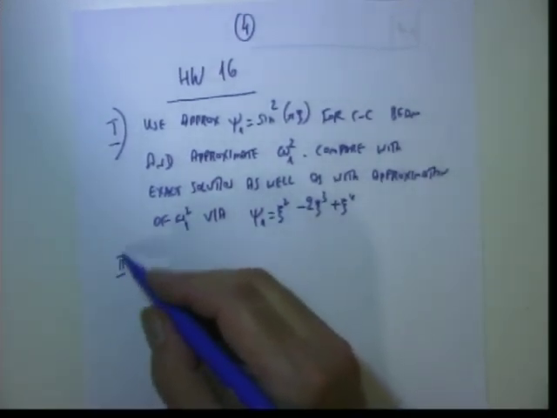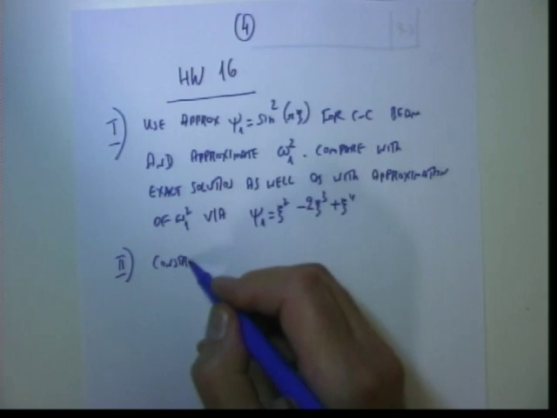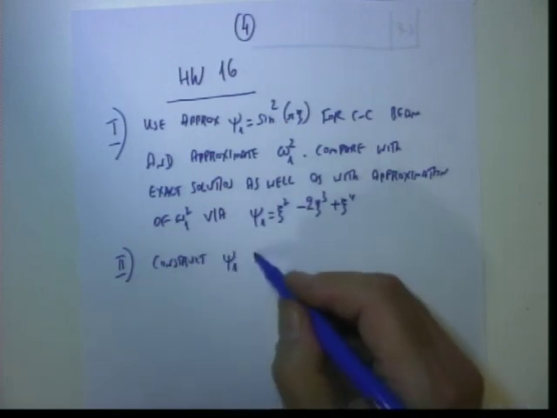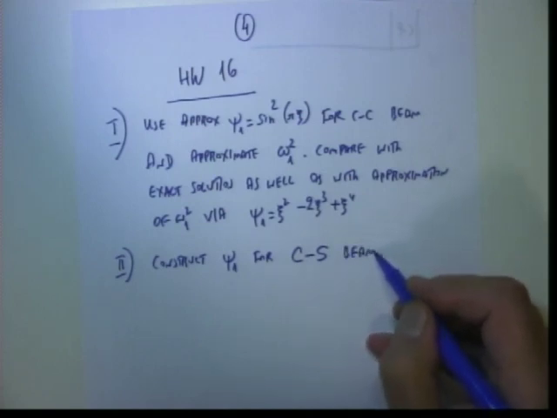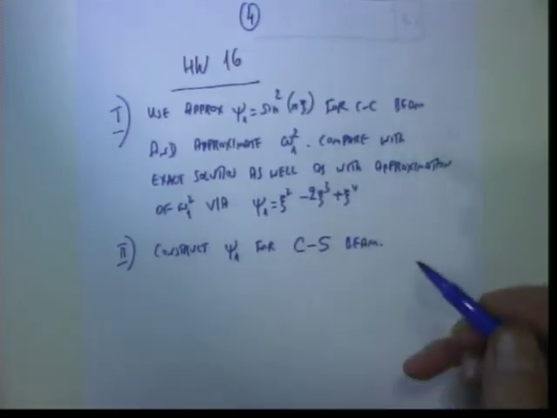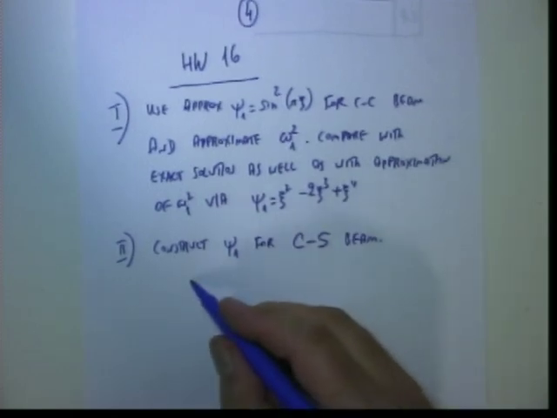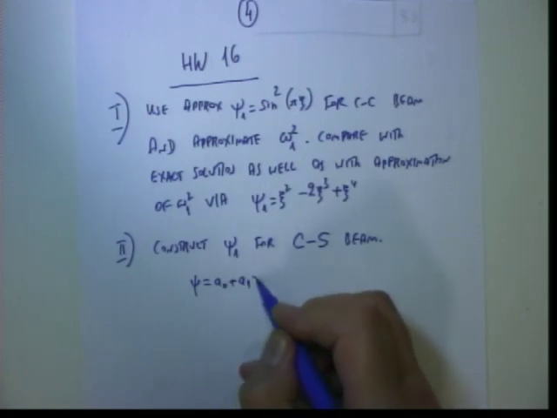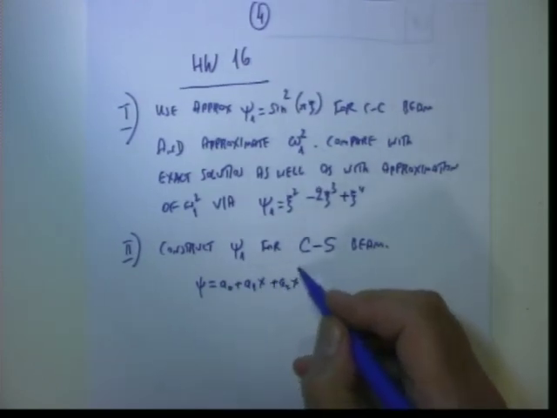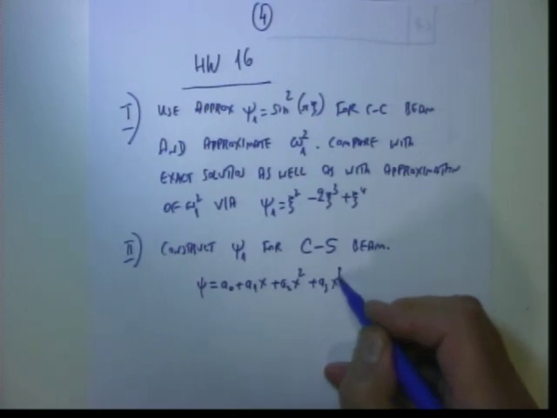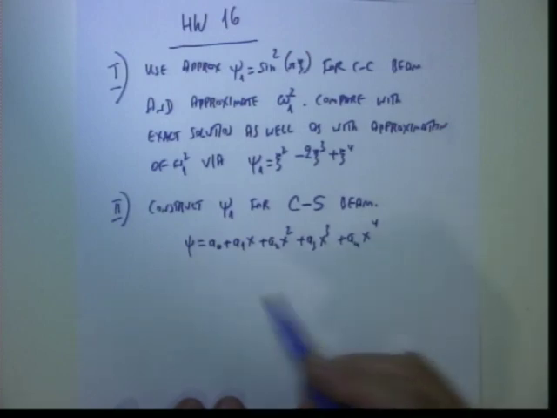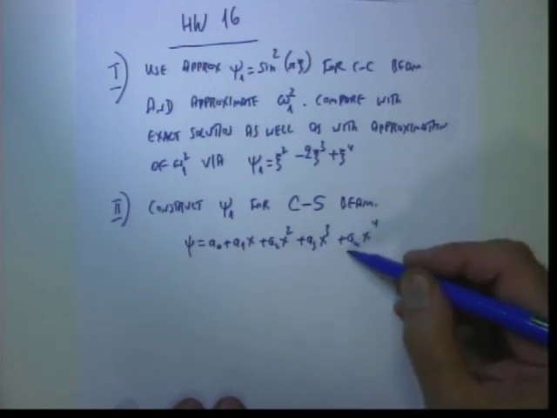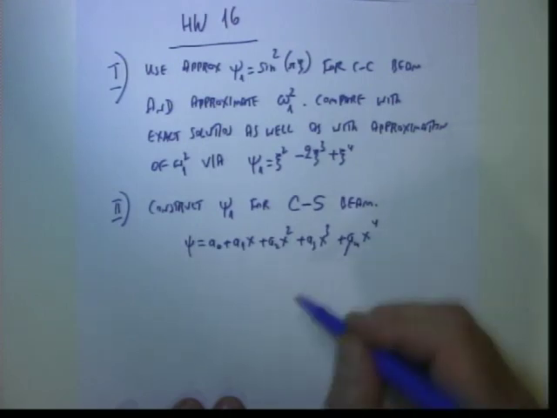Second part. Construct psi1 for a clamped simply supported beam. Okay. So how do we start? If you remember, psi equals a0 plus a1 x plus a2 x squared plus a3 x cubed plus a4 x to the fourth. Okay.